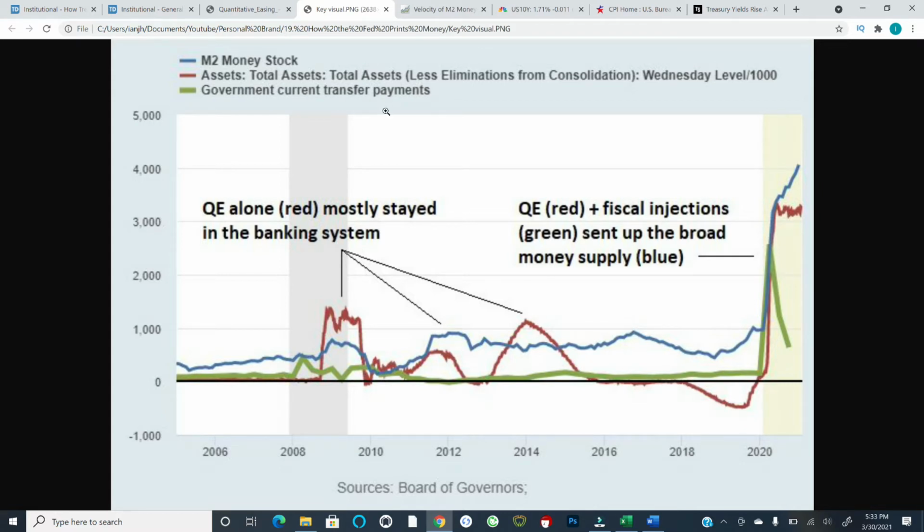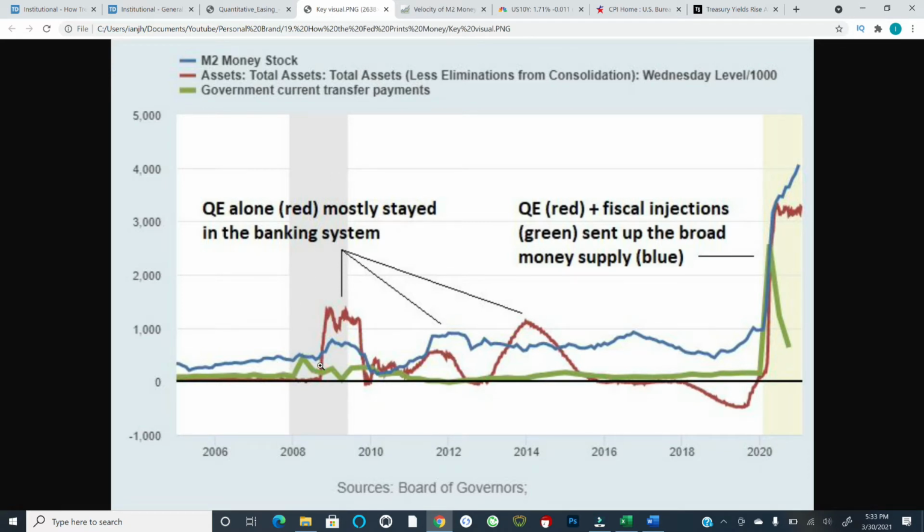So these are things like welfare, any kind of direct fiscal injection where the government itself, not the Fed, the government, is putting money into the hands of citizens. So the different stimulus checks would fall into this category. And what we can see is really striking.